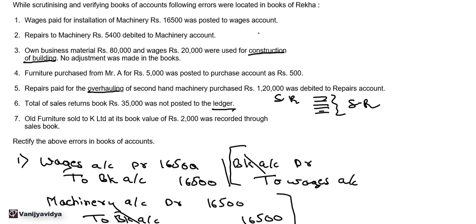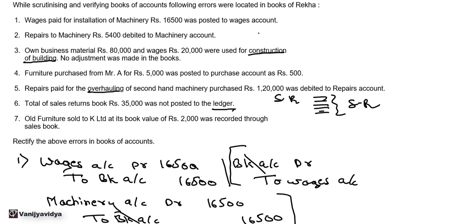That is, it has been considered as your normal sales. Again, this is an error of principle. Your sale of furniture, you have to credit it to your asset account. Instead of that, it has been considered as a normal sale. So now we have to take it out from your sale and we have to reduce it from the furniture account. Let's see the rectification entry for this.